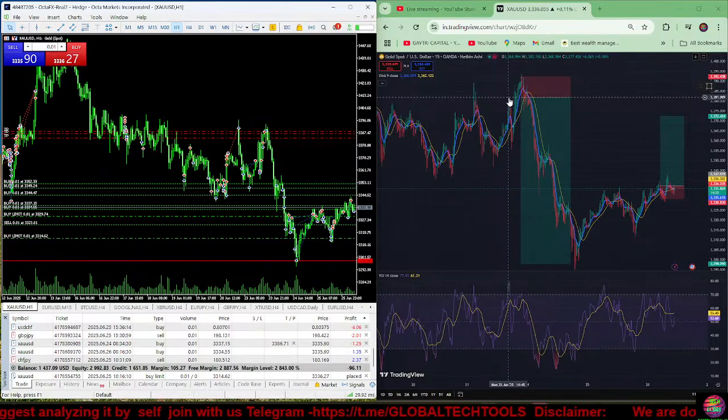So if you see the price going up, that means that the euro is getting strong. And if you see the price going down, that means that the USD is getting strong. So if you want to bet on the dollar getting stronger, you have to sell EUR/USD because the US dollar is going to get stronger than the euro. And if you want to buy EUR/USD, you are betting that the euro will get stronger than the dollar.